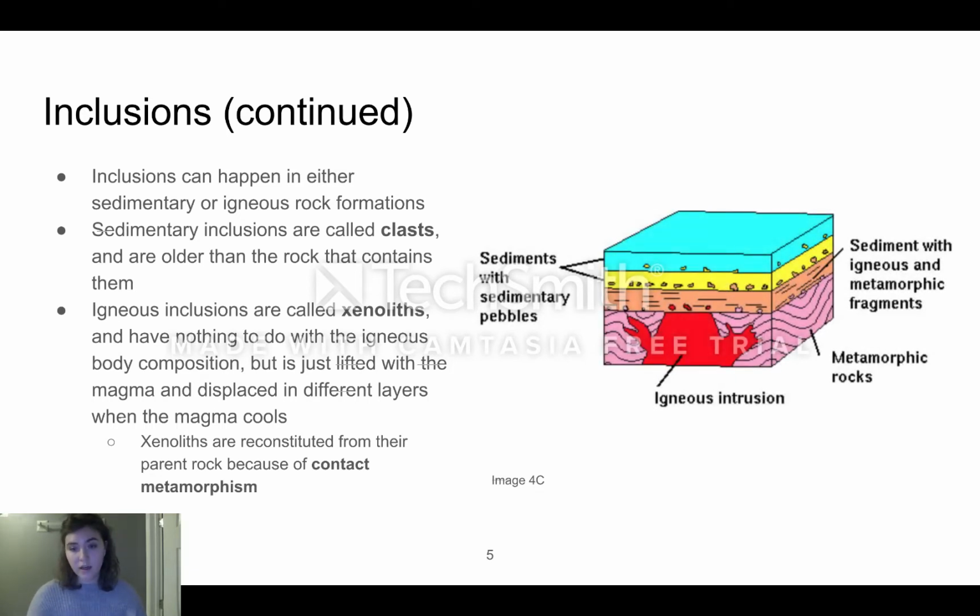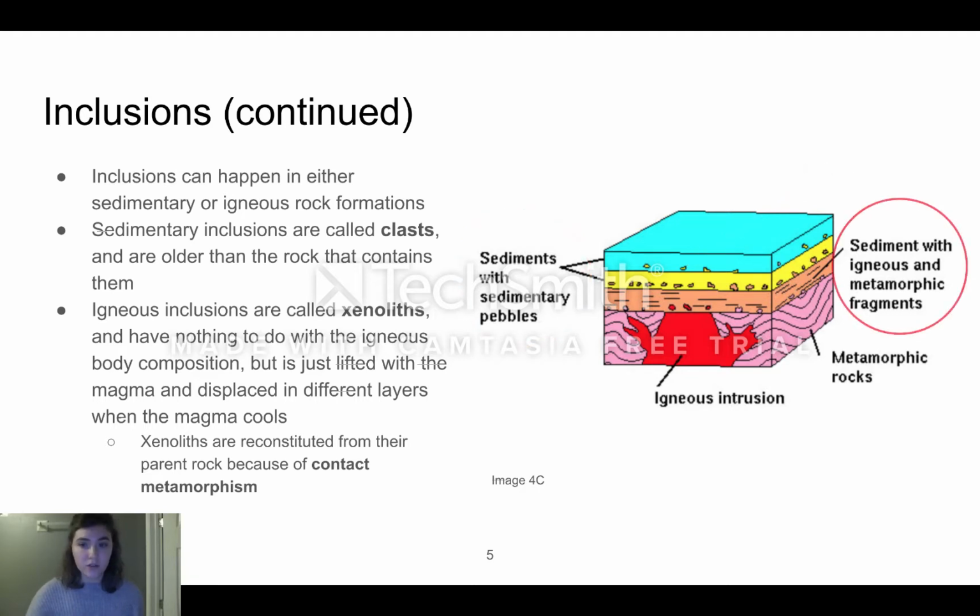So in this image, you can see both sedimentary and igneous rock inclusions. So the first sedimentary rock inclusions are called clasts, and they usually occur because the top layer is eroded over time, which means that there are loose pebbles or just pieces of the sedimentary rock that are loose and then are in the next layer of deposition.